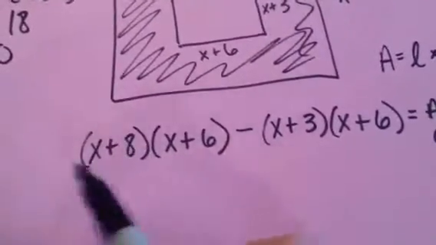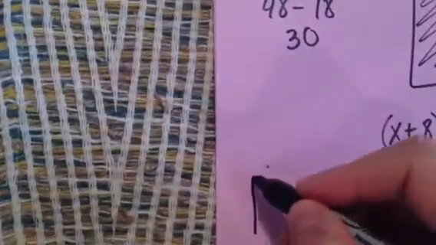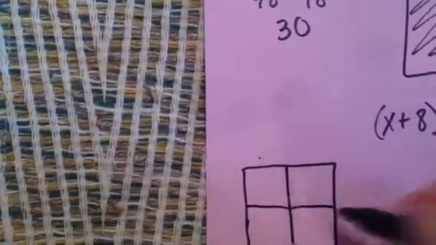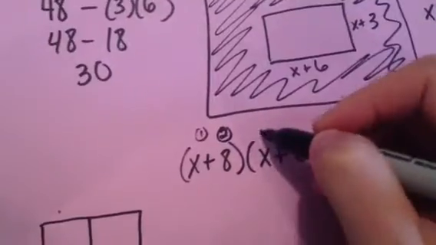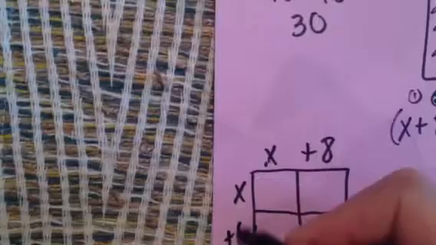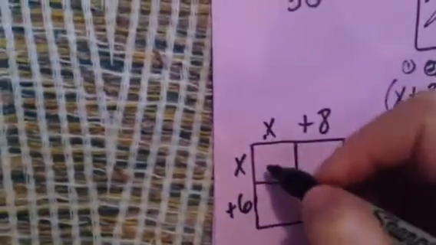So I'm going to do this problem very similarly. First I'm going to start by multiplying this side, so x plus 8 times x plus 6. I know that I have a binomial, 2 terms, times another binomial, 2 terms, and I'm going to use my little four square box method here. So I'm going to put x plus 8 on top and x and a positive 6 on bottom, and then go ahead and fill this in.